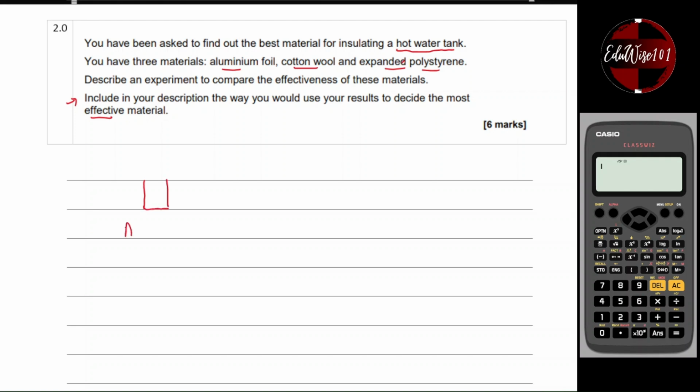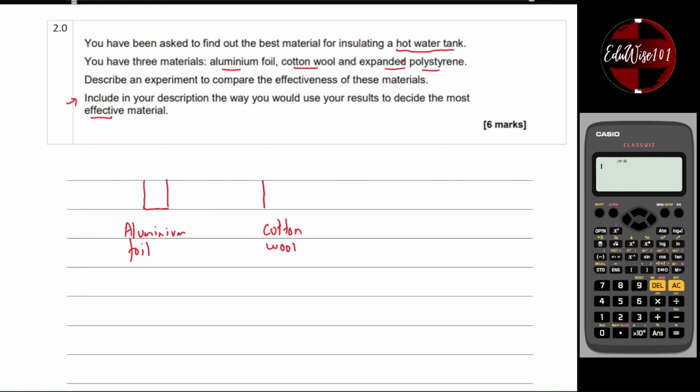Aluminium foil, that's for the aluminium foil. This is for the cotton wool.